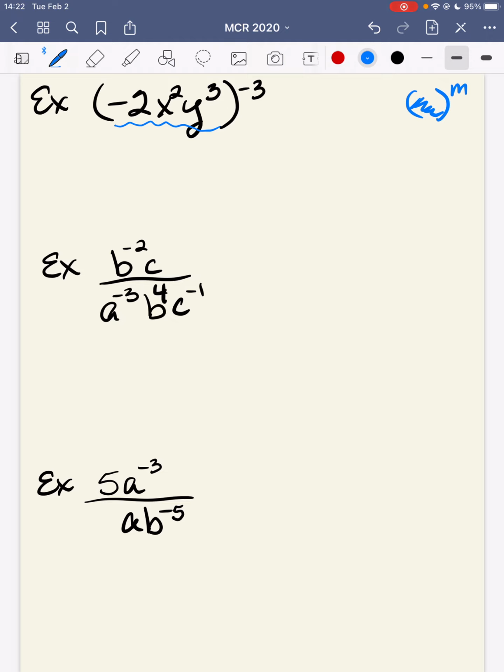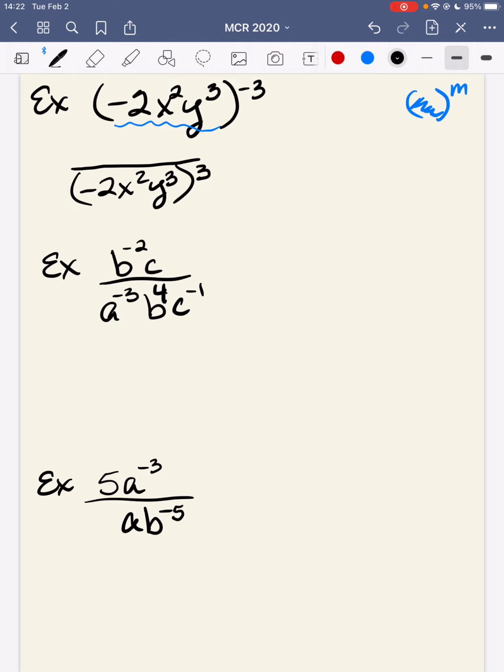All right? So I draw my division bar. Everything here has to go in the denominator. And now my x outside, exponent is now positive.